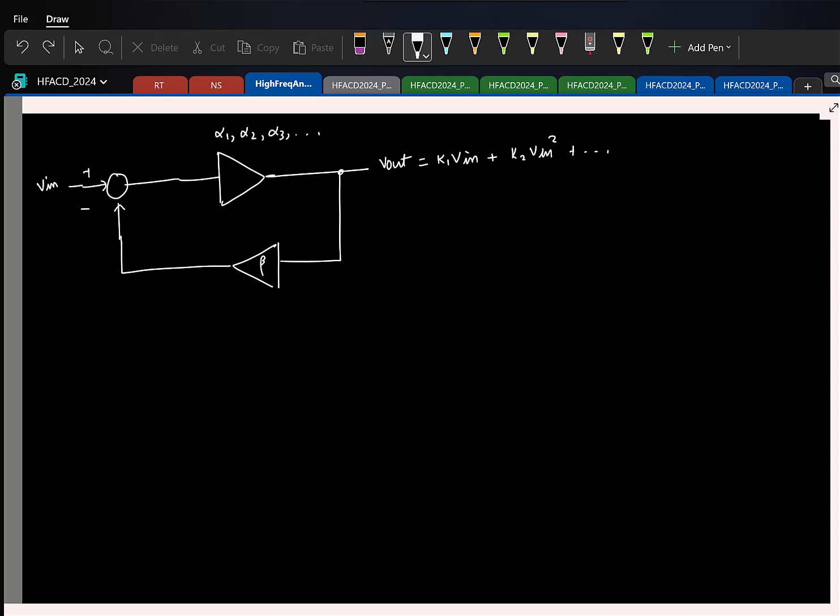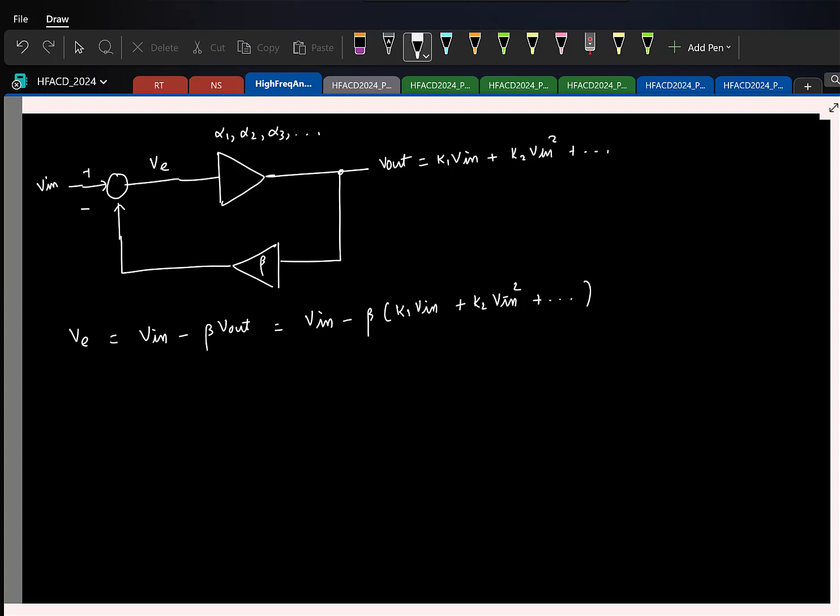Again, you can solve it in a brute force way. If I call this the error signal VE, what is VE? V in minus beta V out. And I know V out, so I'll write it like that: beta times k1 times V in plus k2 times V in square, and so on.